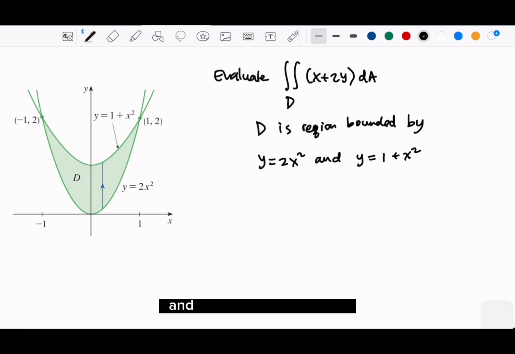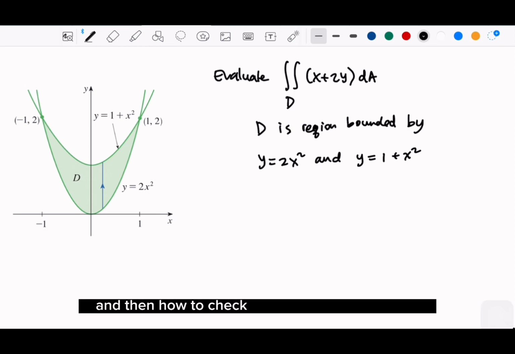Simply drawing means just letting you know which one is on the top. If you draw here, the top one is 1 plus x squared, which means this is the one on the top minus this. So in the integration, 1 plus x squared is on the top, and 2x squared is on the bottom.